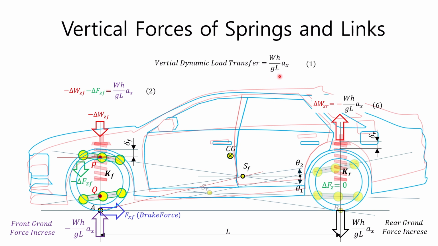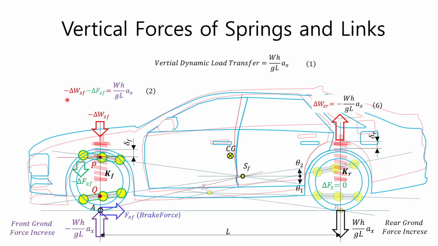Since the springs and suspension links are the only paths through which the load is transferred, all forces are transferred through these two paths. In the front suspension with the braking wheel, the vertical dynamic load transfer is equal to the sum of the forces on the front suspension links, minus delta FZF, and the front spring force, minus delta WZF.